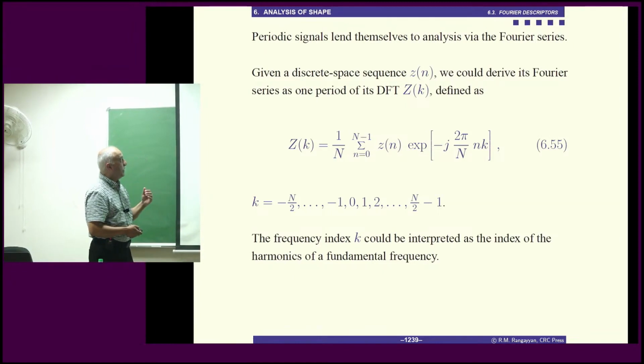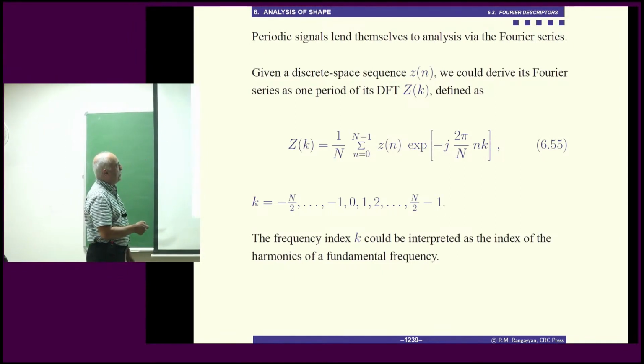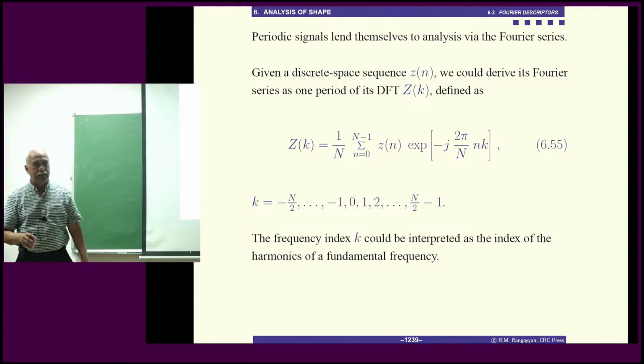And they're called Fourier descriptors. But we let k go from minus n over 2 to plus n over 2 minus 1. And because zn is complex, there is no conjugate symmetry. Z minus 1 is not equal to Z1 in magnitude, like in real signals, in general.